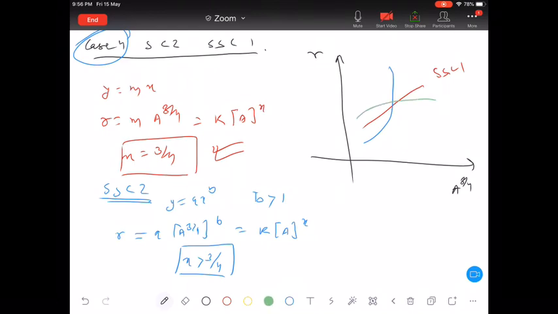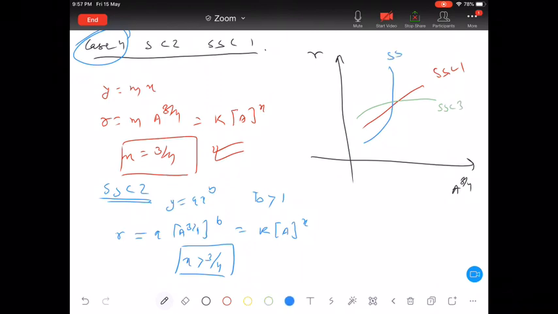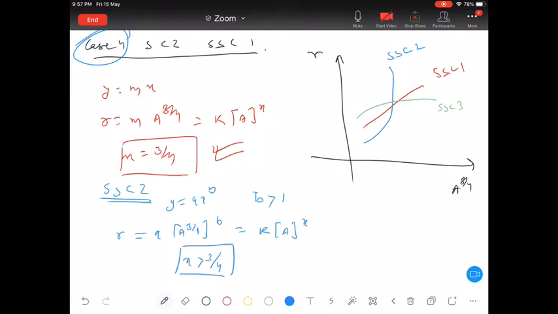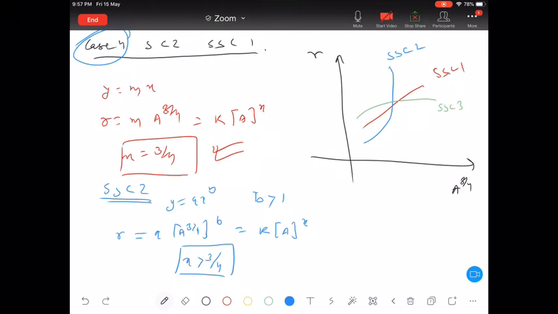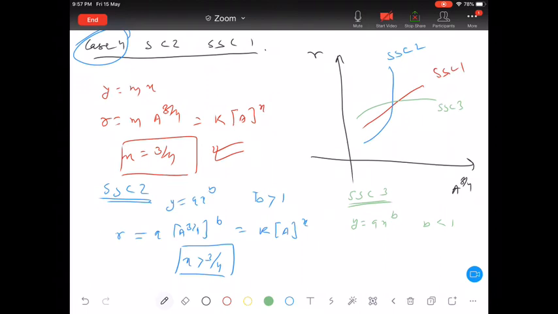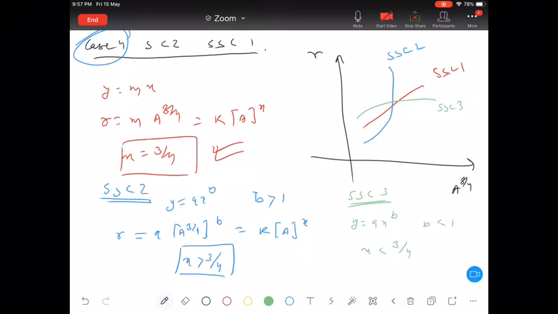Subcase 3, if I get subcase 3, in that case again y is equals to a x to the power b, where b is less than 1, which means if I compare it with the rate law, I'll obtain x is less than 3 by 4, and already we have defined in last case that it is greater than 1 by 2.